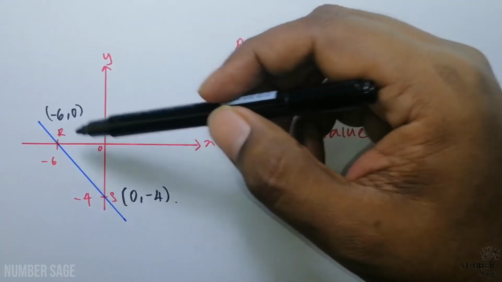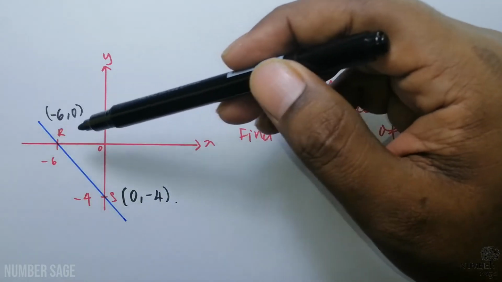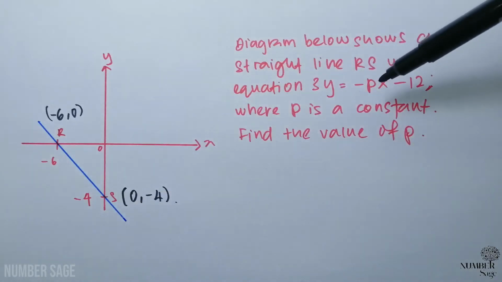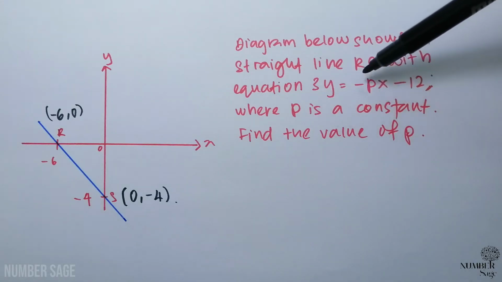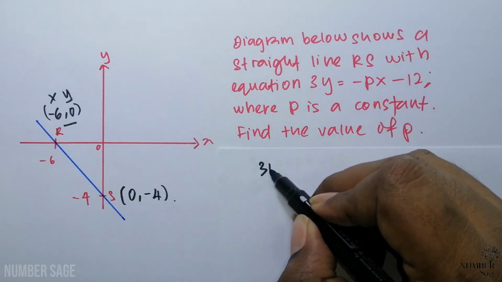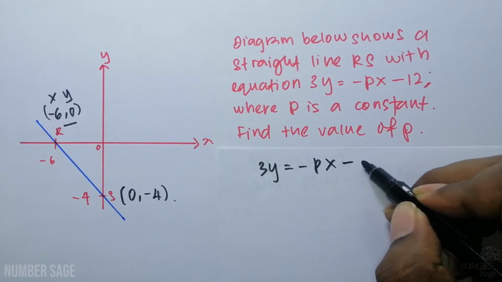So now we have 2 points. We can use either one of these coordinates and replace them into the equation. This will fulfill the x and y, and from there we can find the value of p. So this works in a way like 3y minus px minus 12.